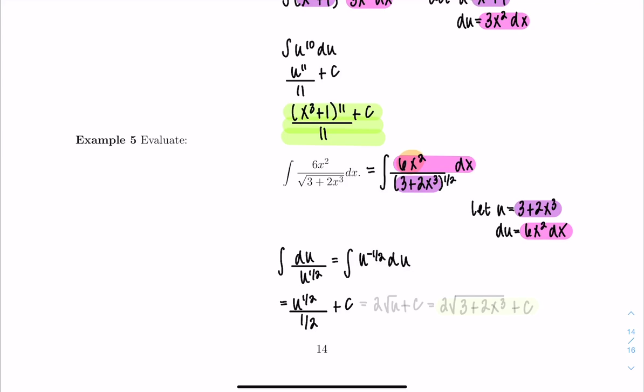Then using keep, change, flip, that really gives me 2 times the square root of u plus c. And then back substituting, that's 2 times the square root of 3 plus 2x cubed plus c.